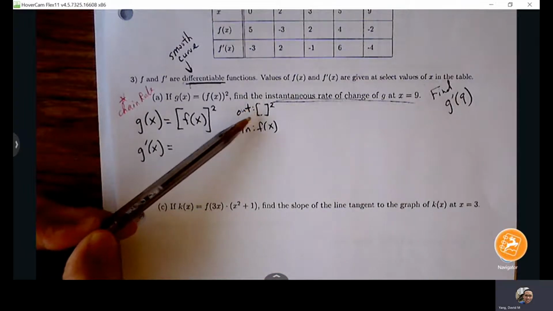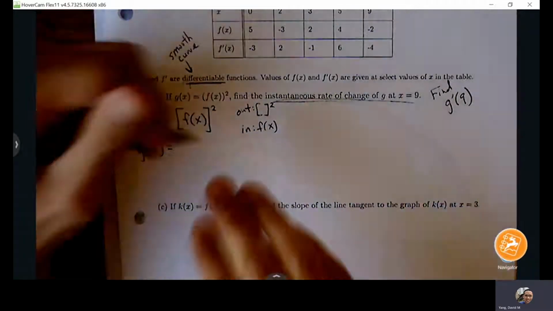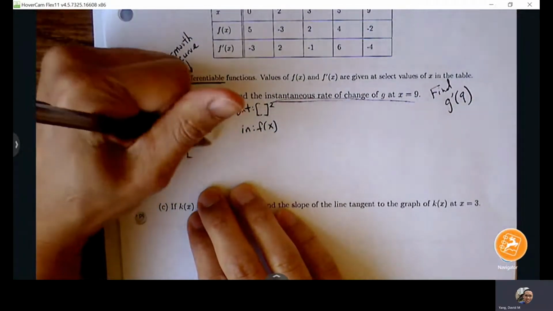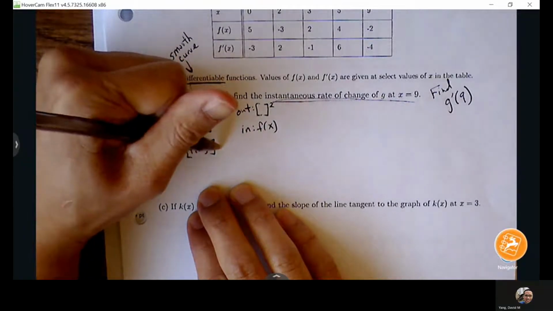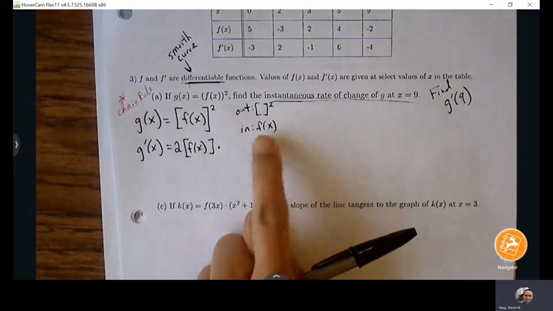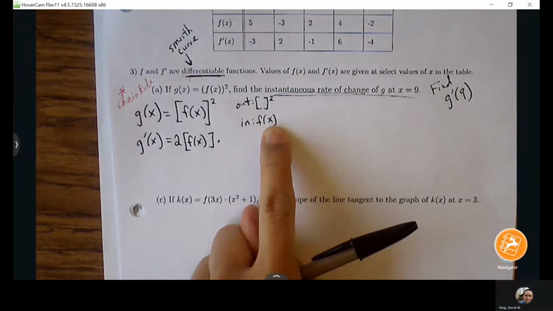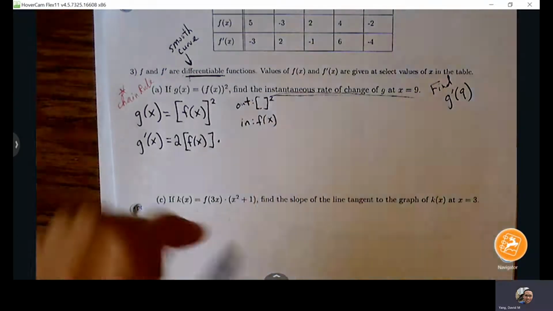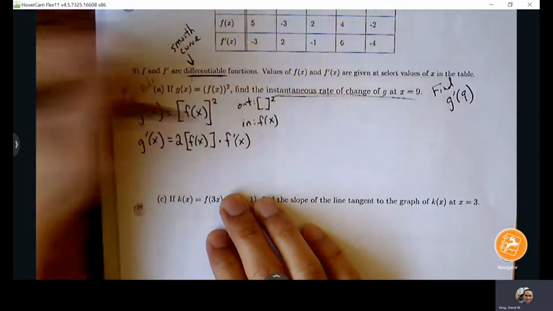What's the derivative of bracket squared? Just 2 times the bracket. It's like x squared, whose derivative is 2x. We're just treating that bracket as its own variable. So 2 times the bracket, and we leave the inside alone. Now that we're done with the outside derivative, the inside derivative: f of x becomes, what's the derivative of f? F prime. So the outside is power rule, but the inside is function notation.